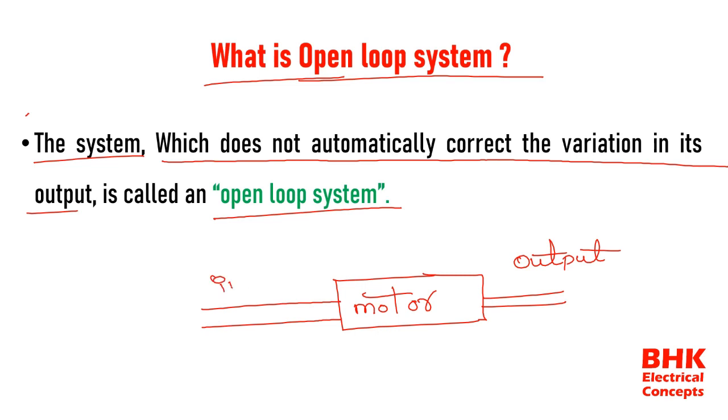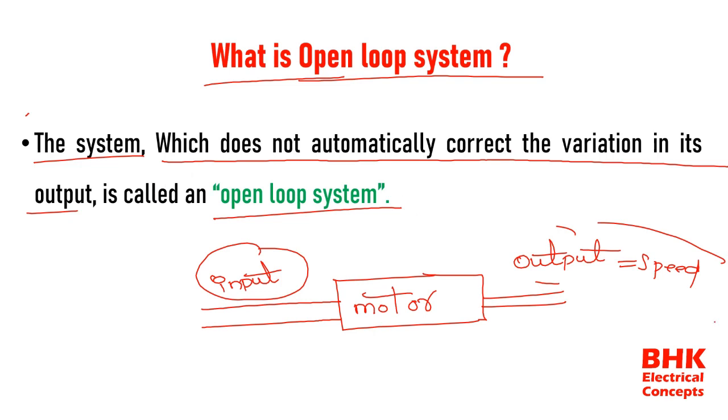Here the output is the speed. This speed is not controlled with the help of this input. That is why we call it an open loop system.